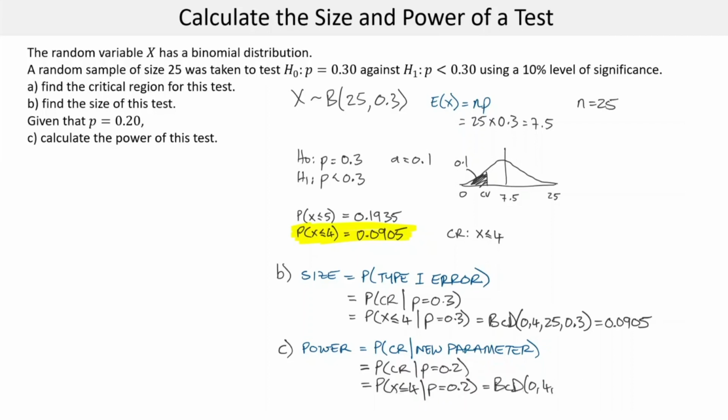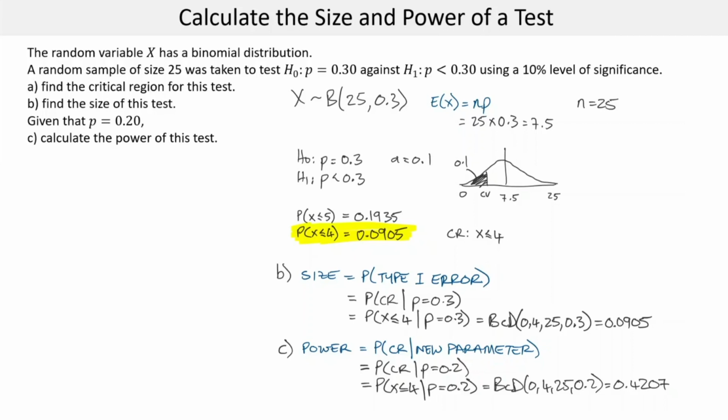So a BCD, 0, 4, 25, 0.2, and this time round we get 0.4207. So even though we were using 0.3 when we should have been using 0.2, the probability we would still get the correct conclusion is 0.4207.